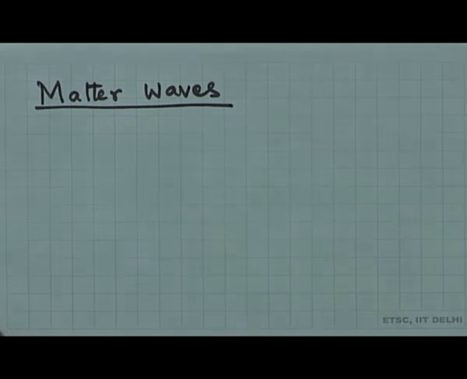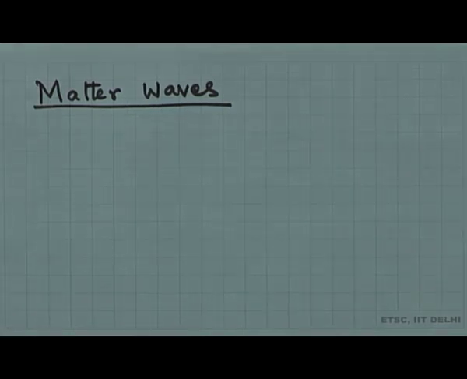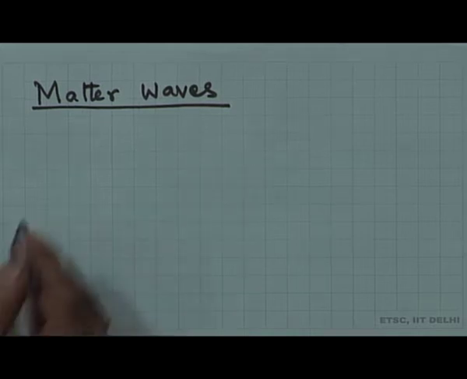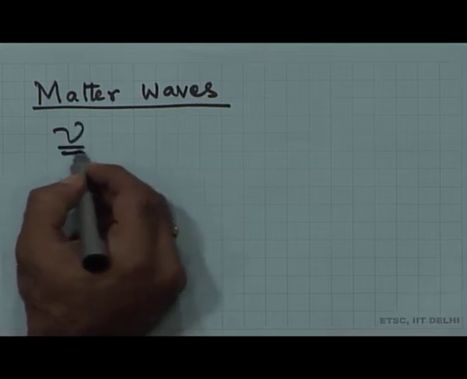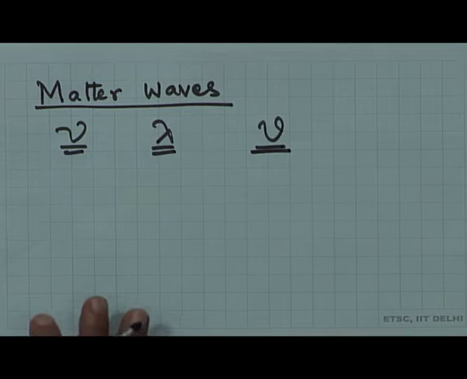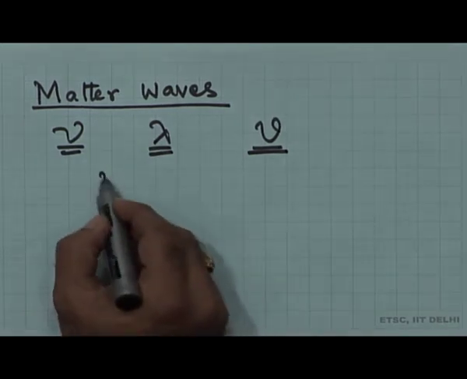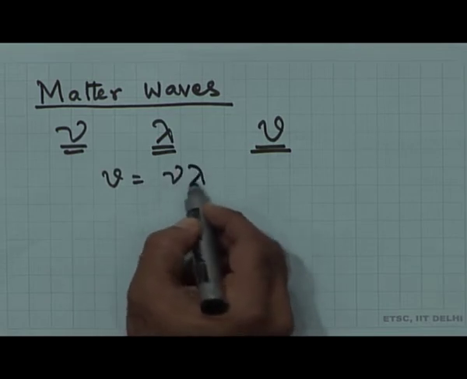Because as you know, no study of any wave phenomenon is complete unless we establish a relation between frequency, wavelength and velocity. So you have frequency, wavelength and velocity, and this of course is well known by elementary arguments: v is given by nu lambda.